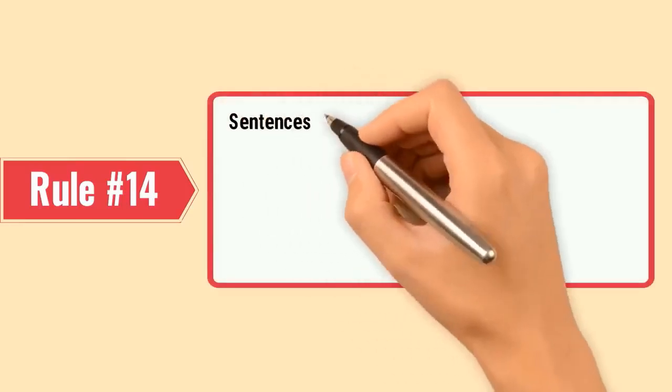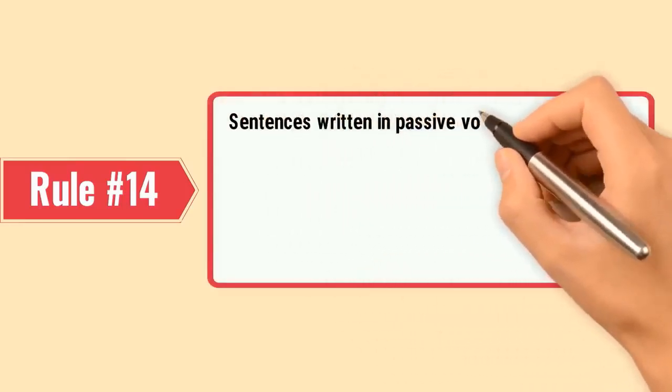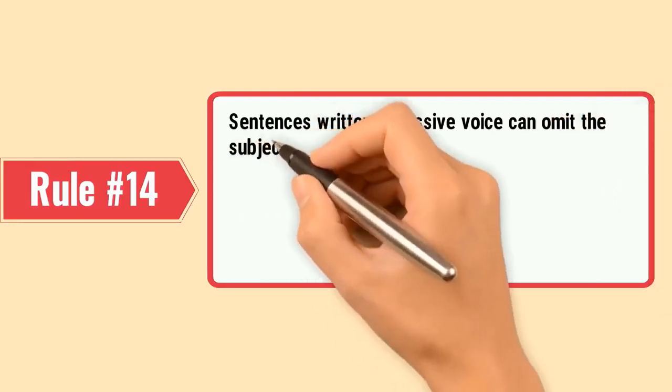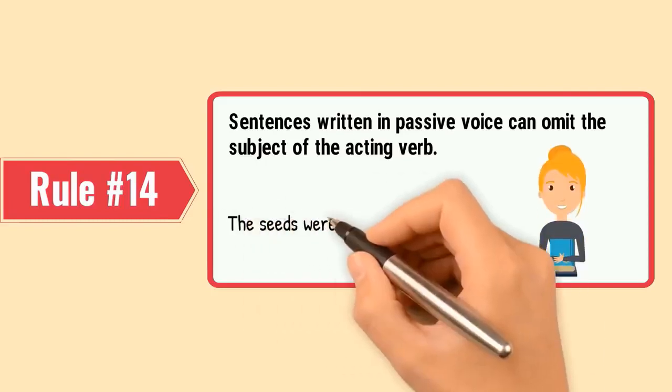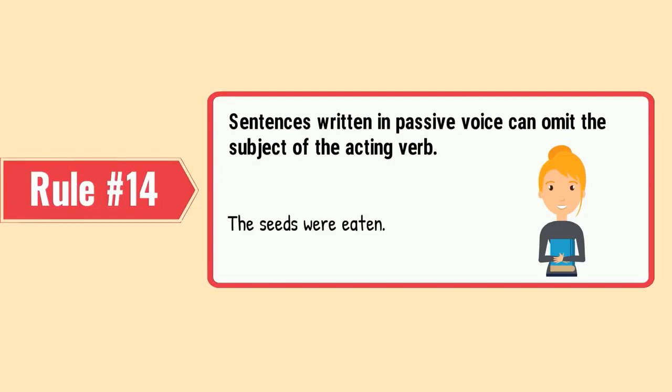Rule number 14. Sentences written in passive voice can omit the subject of the acting verb. The seeds were eaten.